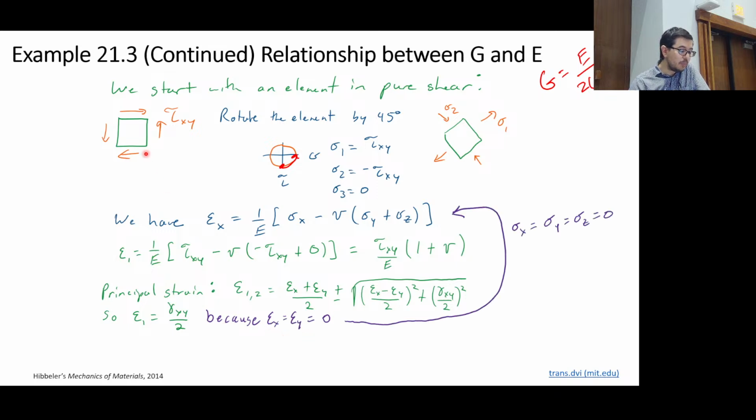Because in the pure shear case, remember, we're going back now to this gamma xy, not gamma x prime y prime, because gamma x prime y prime is 0 here. The gamma xy that we had originally, we had epsilon x equal to 0 and epsilon y equal to 0. And if we plug that back into this equation, we have sigma x equals sigma y equals sigma z equals 0. We're just left with the gamma xy in this equation right here. Do you see this?